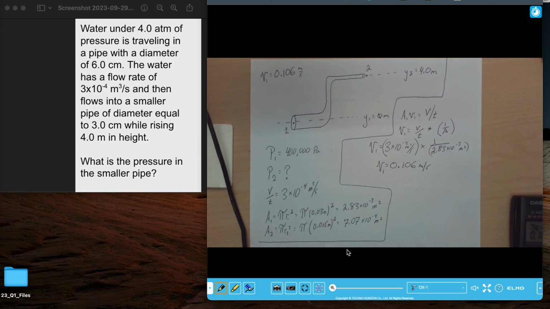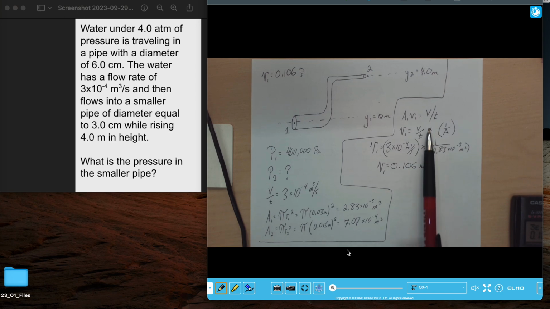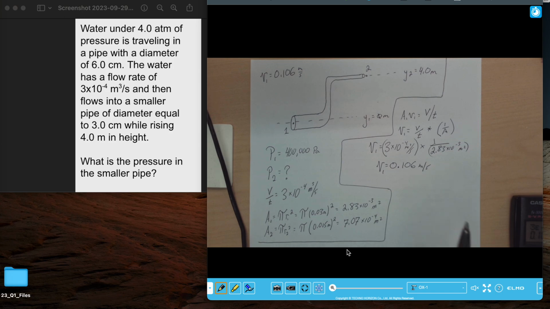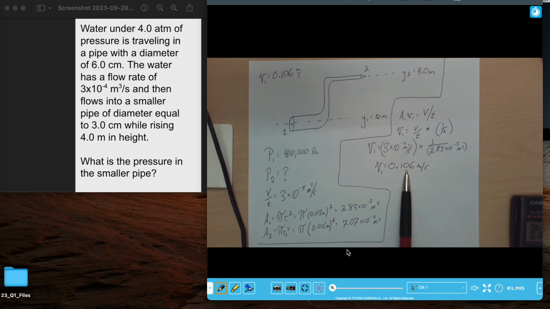Slow flow. Okay, now we can do the same thing again to get V2, but if you're tuned in, you know that A1 V1 equals A2 V2. That is to say, the ratio of the velocities is the inverse of the ratio of the areas, and this pipe is half the diameter of that pipe, so it must be 1/4 of the area, so it must be going 4 times faster than that, right?